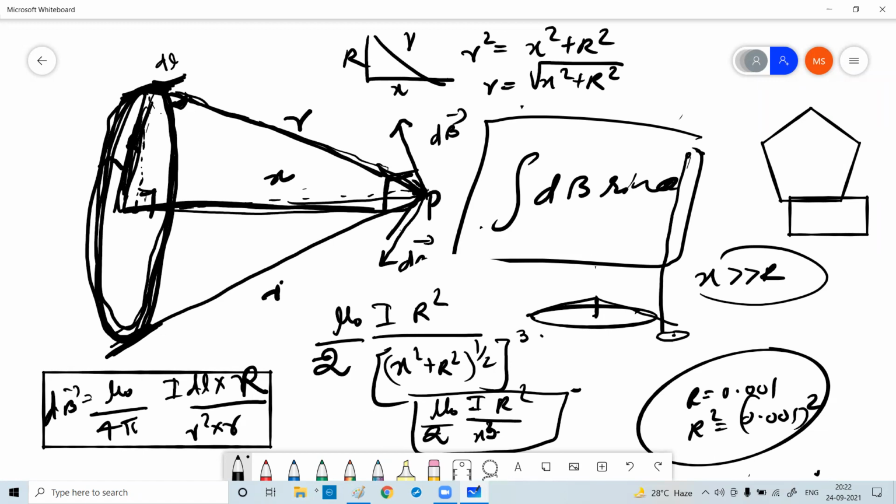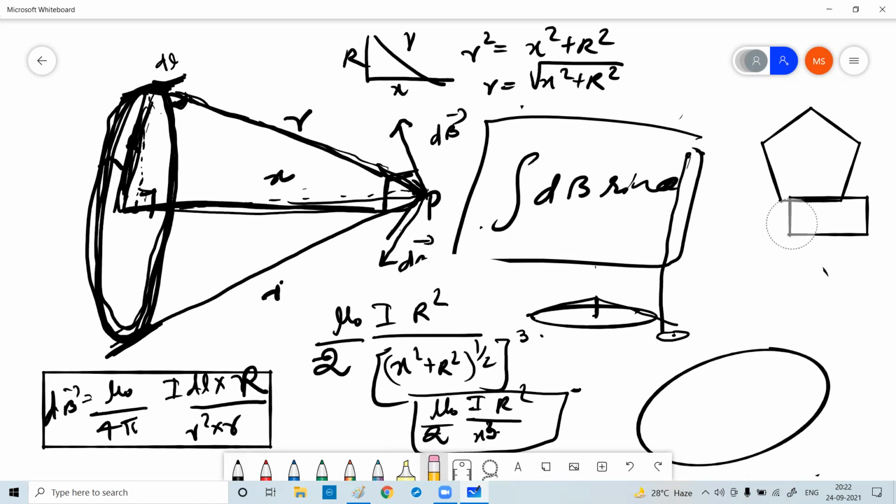So what will your expression become? Mu naught by 2 I r square, and this will become 0. So square gets cut, it will become r cube. So the answer here, 2 will come, it will become mu naught I by 2r.